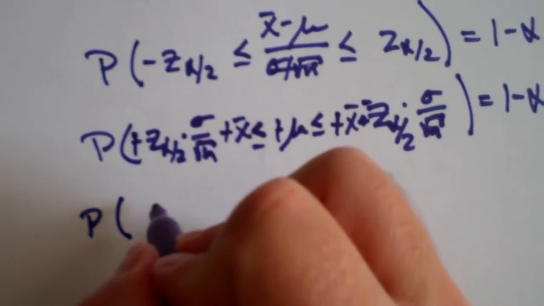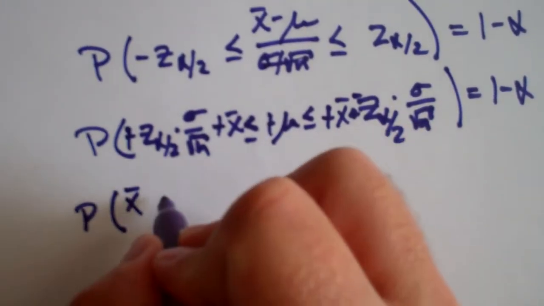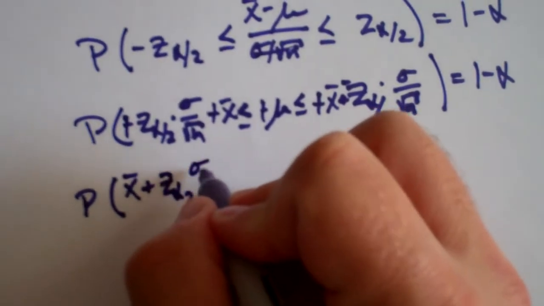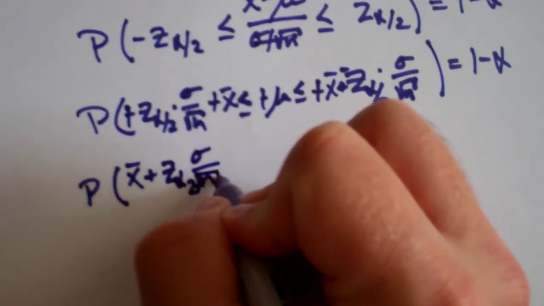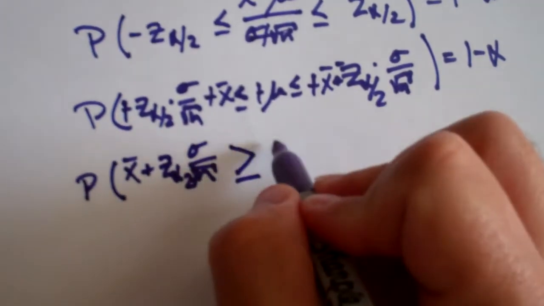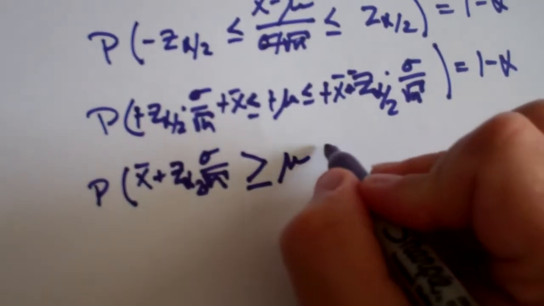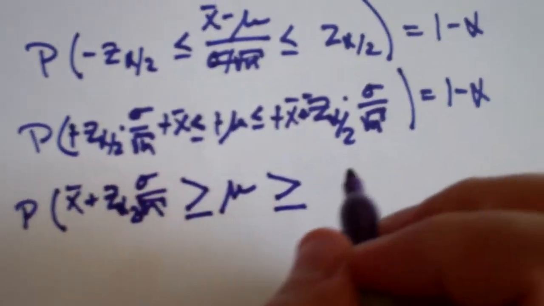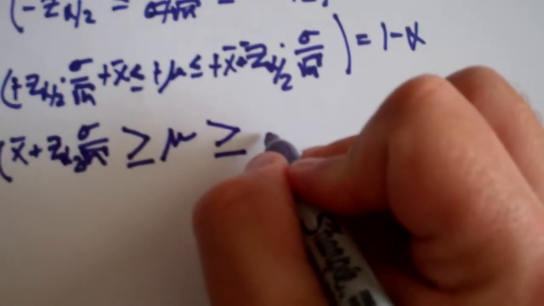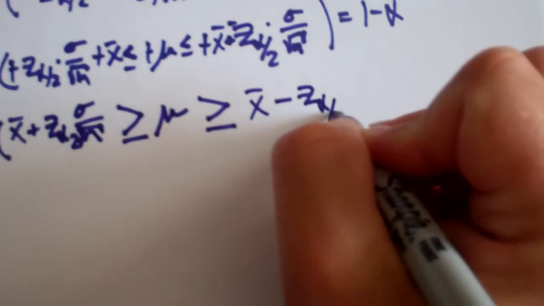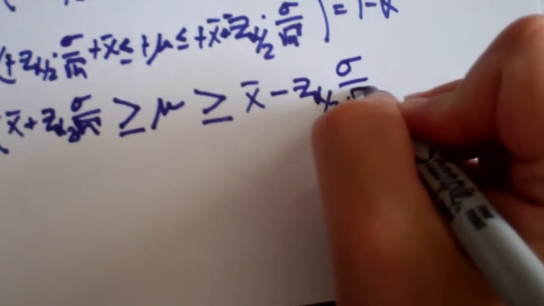So to slightly rearrange things here, we get x bar plus z of alpha over 2 times sigma over the square root of n is greater than mu, which is greater than, again, the greater than because we multiplied by a negative number, x bar minus z of alpha over 2 times sigma over the square root of n.